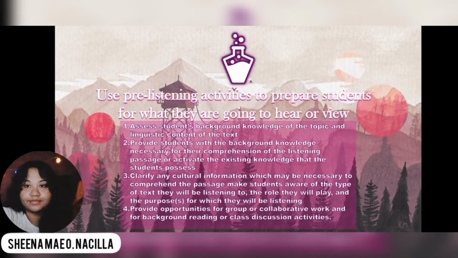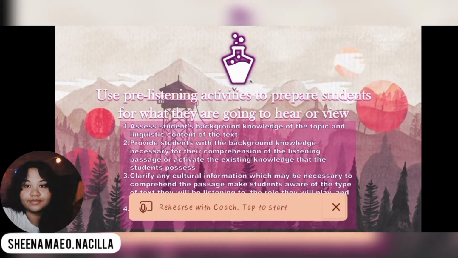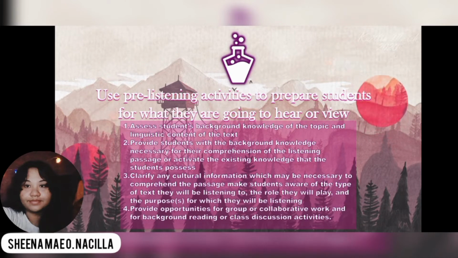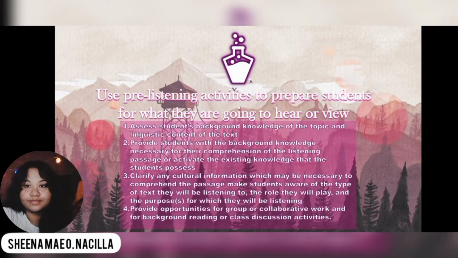It is also important because through this you can know if the student has an idea of what you're going to do next, and if he or she has difficulty comprehending the topic or theme because he or she does not have any idea about what you are about to listen to or view. So it is an important factor.